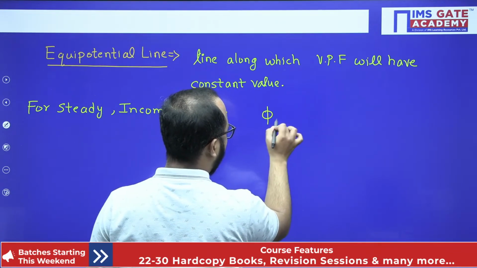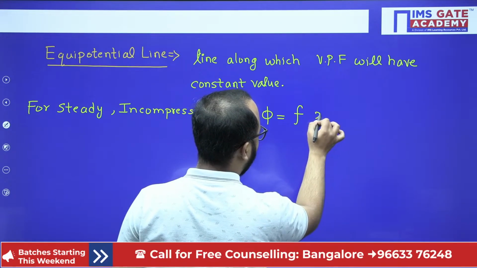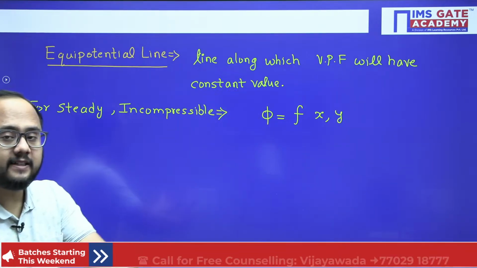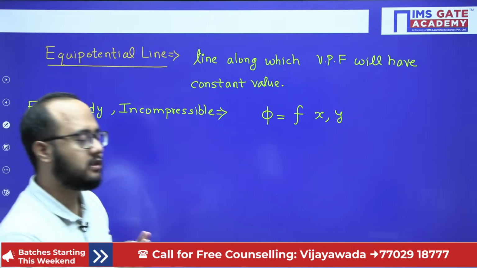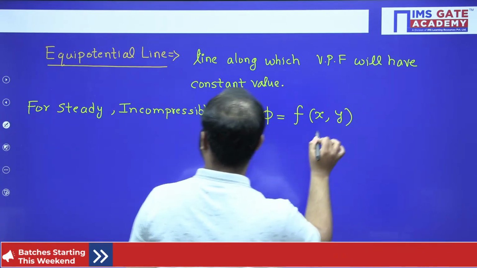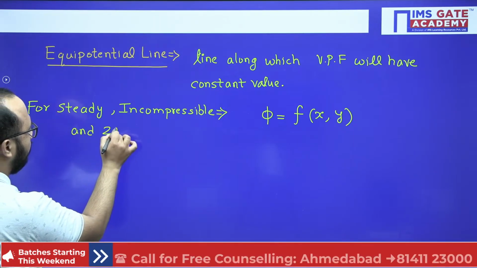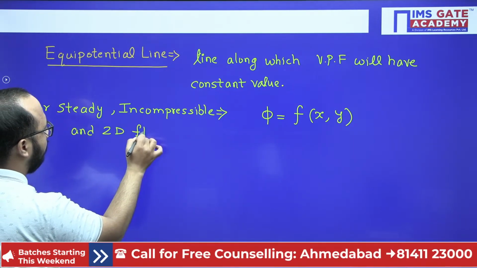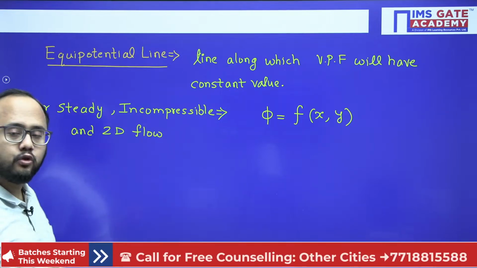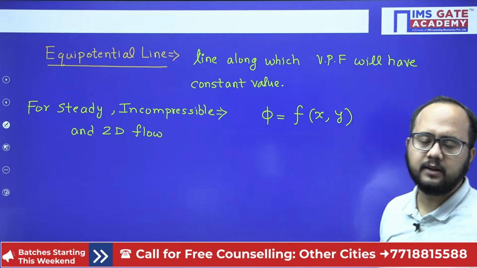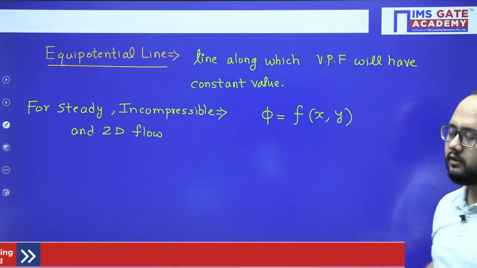Your VPF will be a function of x, y and z. But for simplicity, I am taking 2D flow. Steady, incompressible and 2D flow. Usually we define this for two-dimensional flows just for simplicity purposes only, right?